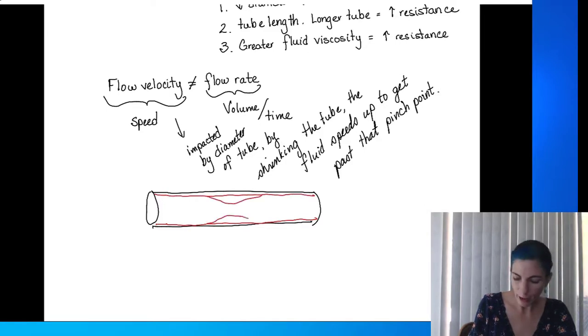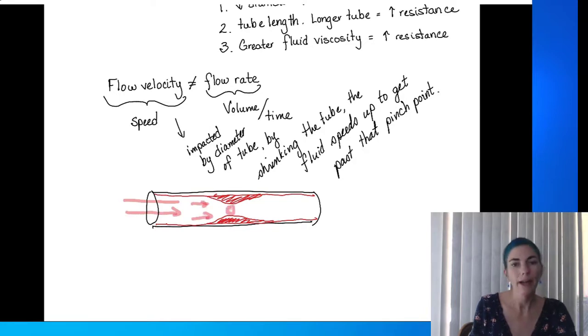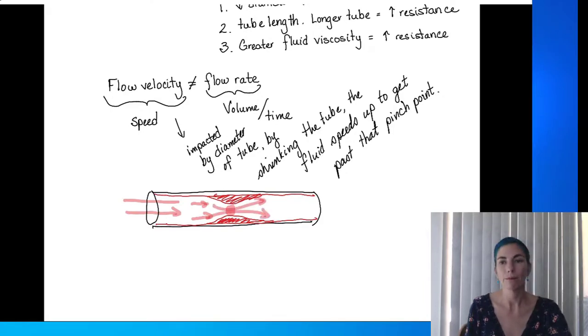So this would be like, oh, I don't know, artery plaque maybe. So fluid is coming through, blood is coming through. Now it has to go through this narrow pinch point here. And what happens is the fluid is now going to speed up to try to get through that really fast, like so. So we'll see this again with atherosclerosis in another lecture.